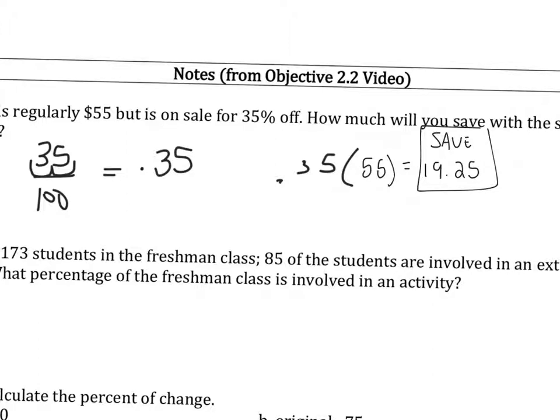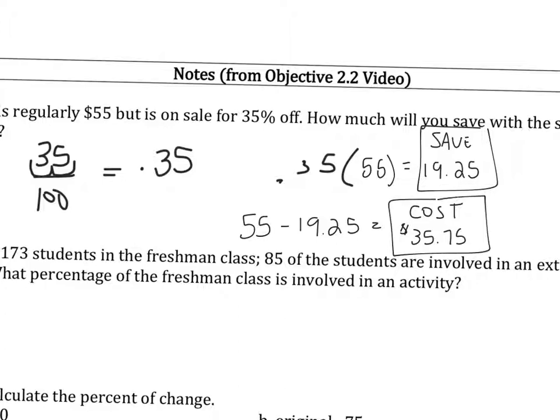Well, if it starts at $55 and we're saving $19.25, then we need to subtract 55 minus $19.25. So we are spending $35.75. It's a pretty good deal on a hoodie that starts out as $55.